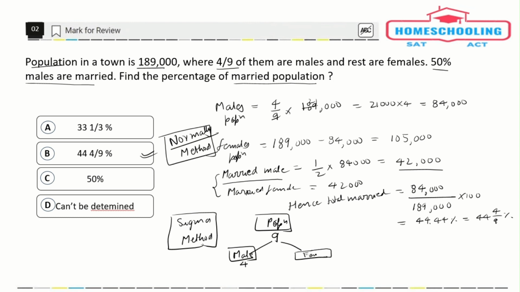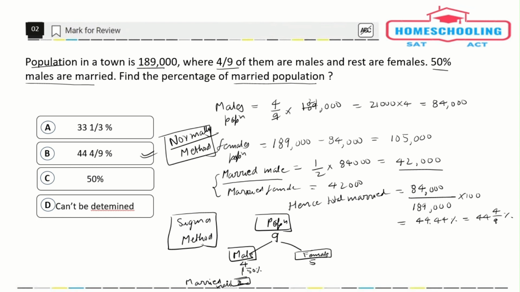So females are 5. And in the question, it is given that out of these 4 males, 50% are married. That would be 2 married males, because 50% of 4 would be 2.